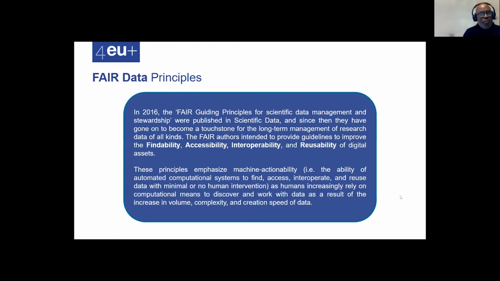So what are the FAIR data principles? Very intelligent men, unlike myself, in 2016 came up with what we call now the FAIR guiding principles for scientific data management and stewardship. As my colleague Jochen has said, it just doesn't pertain to scientific data management.